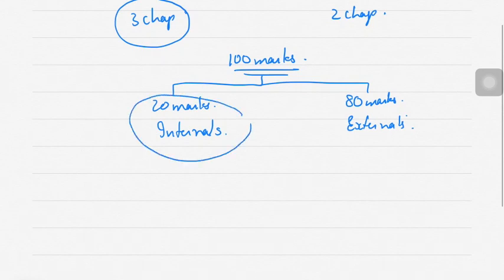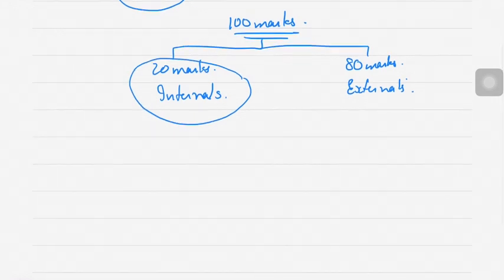The 20 marks internals will be conducted by your teacher. For the 80 marks externals, your question paper is divided into 3 sections: Section A, Section B and Section C.